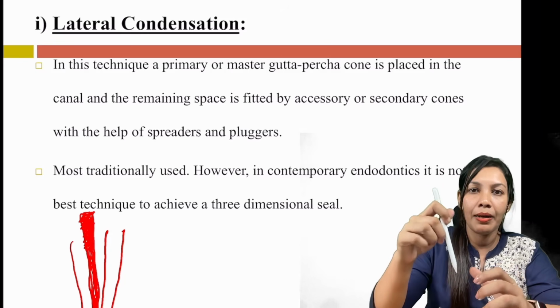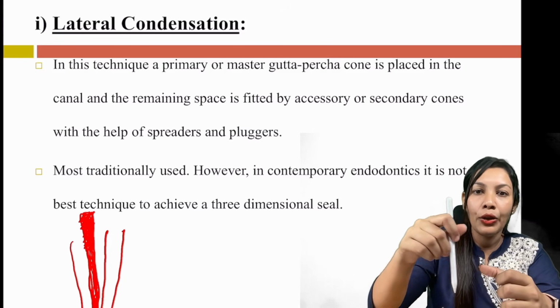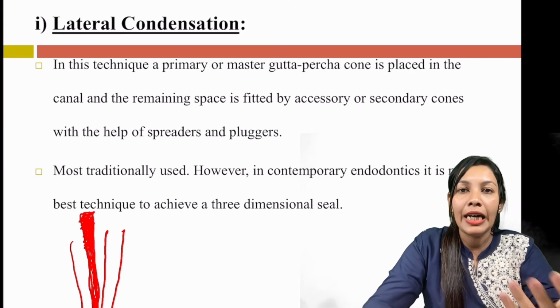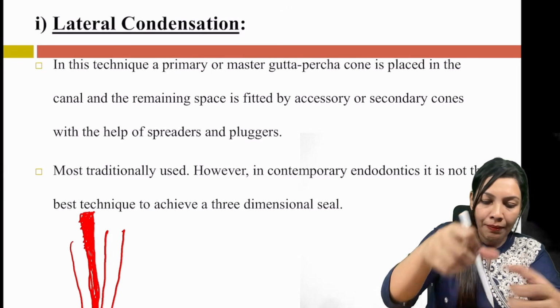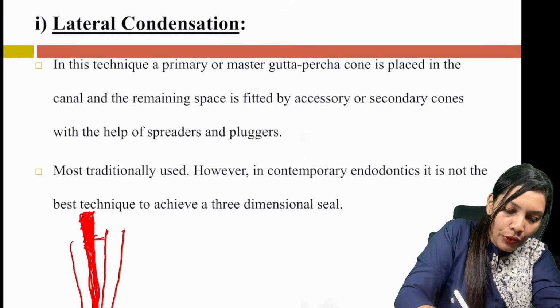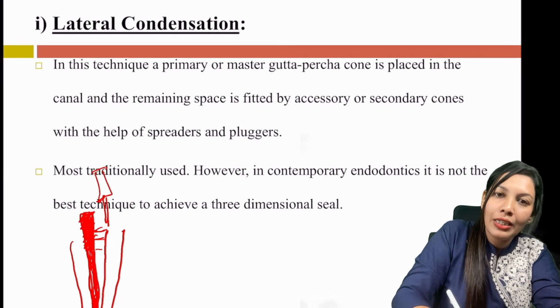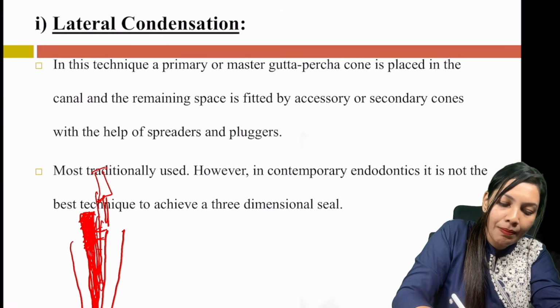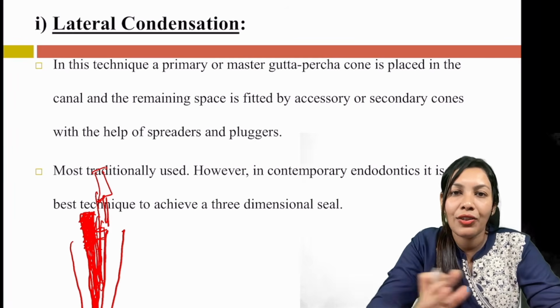A spreader is an instrument used to create space for the accessory cones. So we place the spreader and push, we create space here, and after that accessory cones are placed and filled in this space. So that is called lateral condensation.